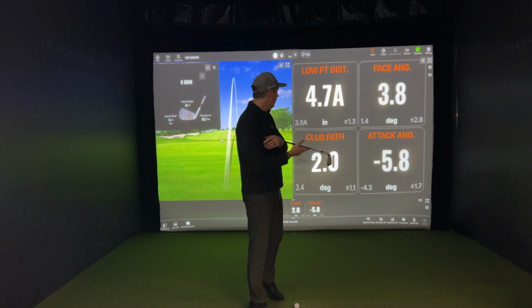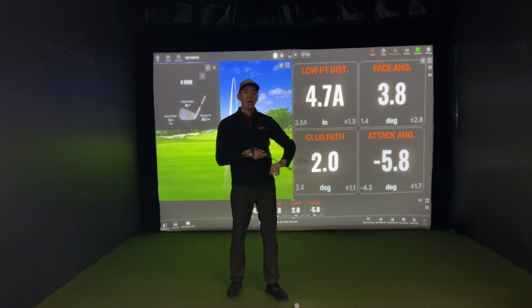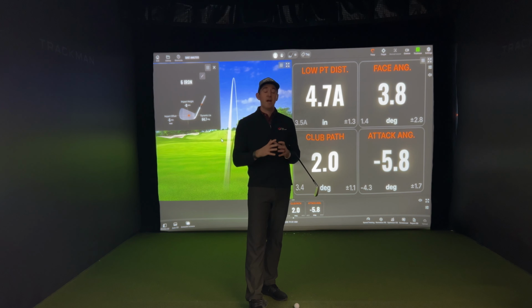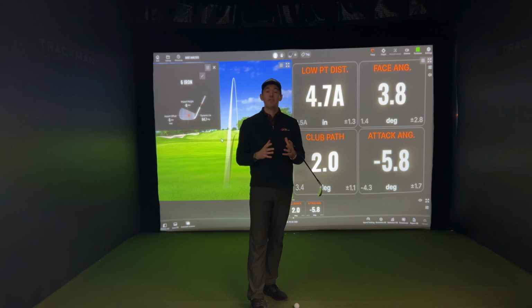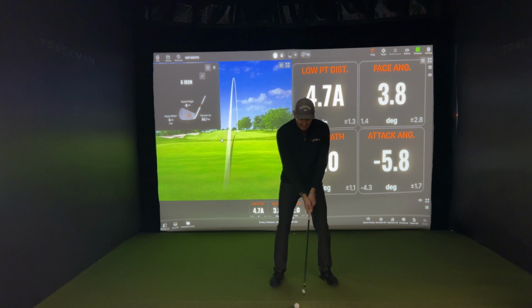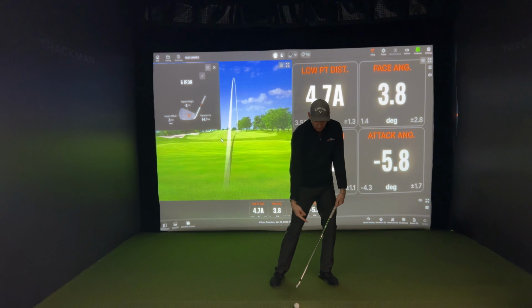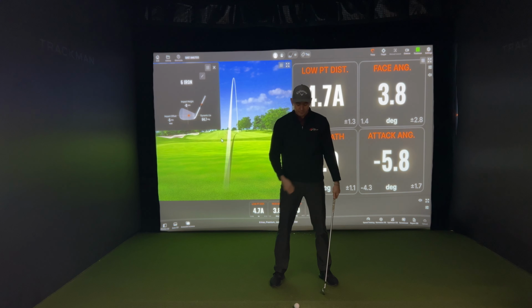Now the 5th number is angle of attack. Not every piece of tech out there measures low point. And I think for a lot of players, an even easier way to look at it, if we don't have low point available, is understanding: is our angle of attack positive or negative? On any given shot, when we touch the golf ball, I'm going to exaggerate the example, a negative angle of attack means we're hitting down, the club is traveling down towards the ground as we hit the golf ball.